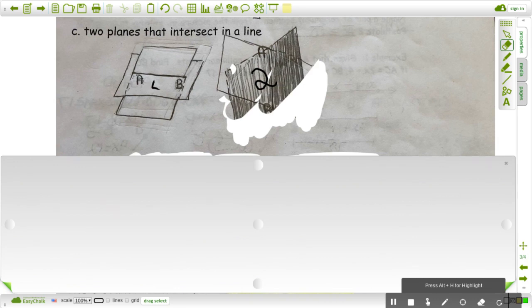You can draw any way you want, but they basically mean the same thing. This right here is intersecting in a line AB. Even though it doesn't have the arrows, it's still considered a line. Don't think of it as a line segment. That's completely wrong. This intersects in a line AB. Now let's continue.